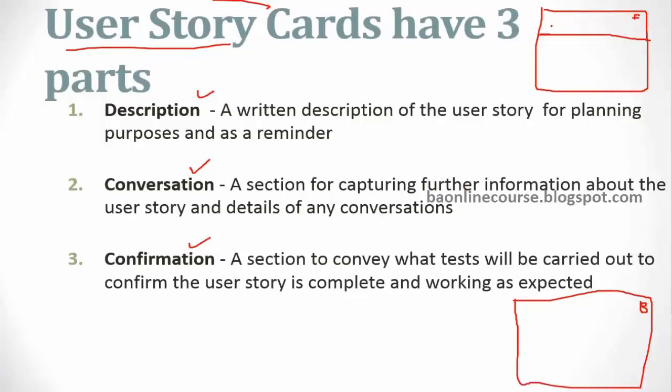Basically the user, the action, what he would do, and what is the benefit or value you would derive, right? So these three things are covered in your description, in just 1-2 lines. You're not going to give a detailed overview, right?